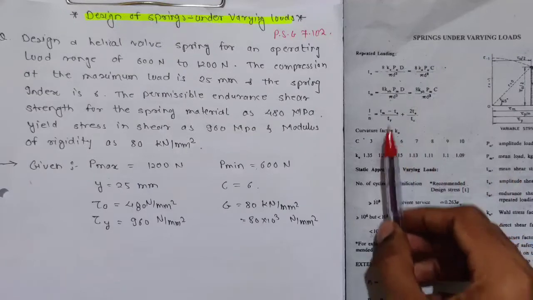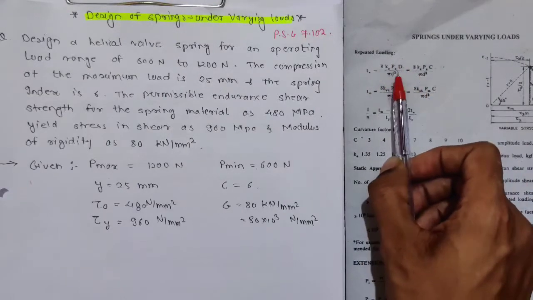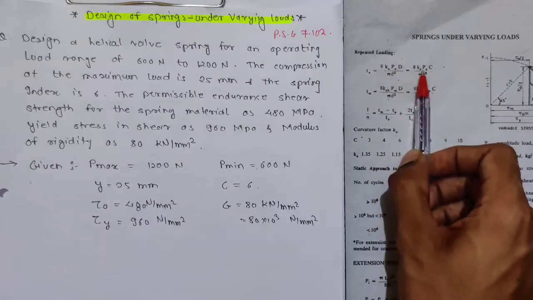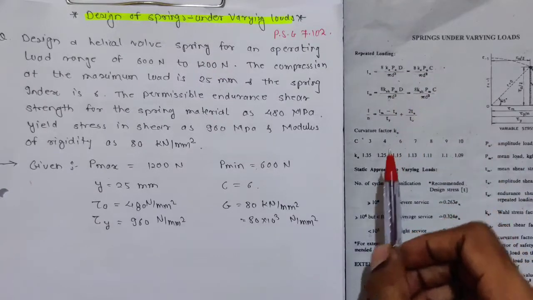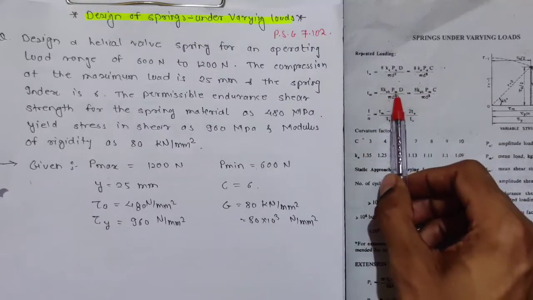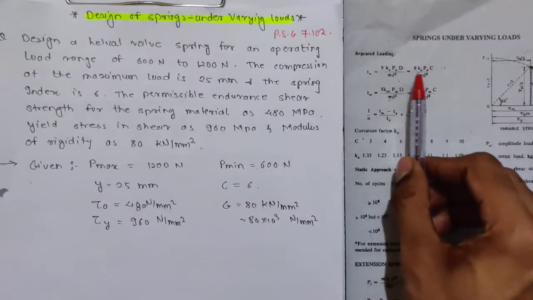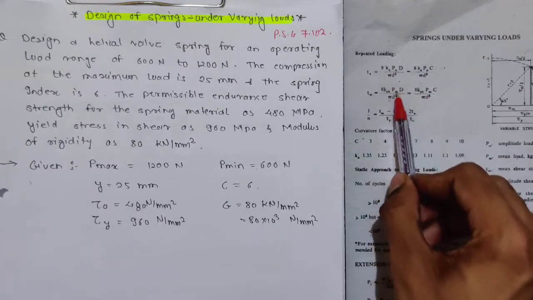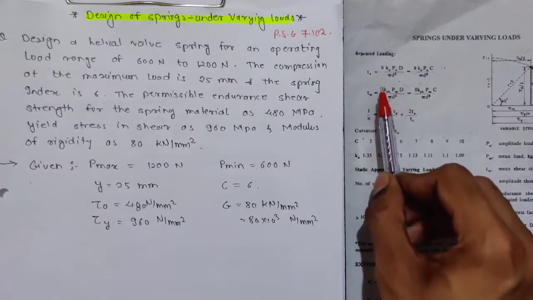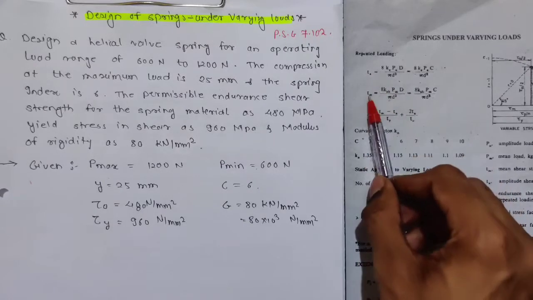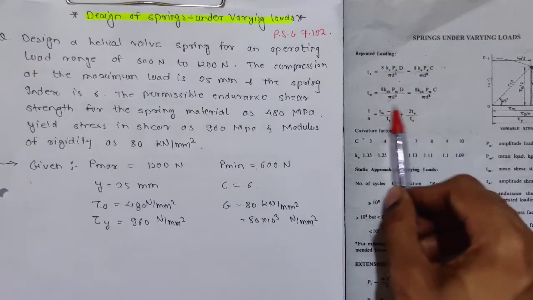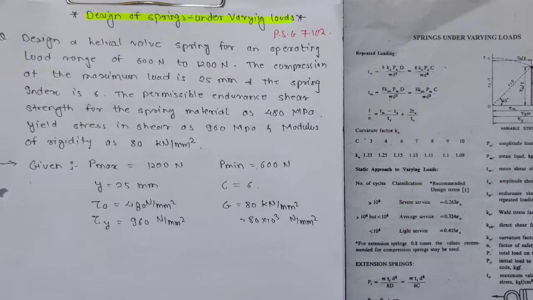Values and formulas are given, but for that we need PA and PM. PA is the amplitude load and PM is the mean load. So first we will find these two, PA and PM, then we will find tau A and tau M, and then put them over here to find the wire diameter. So the first step is to find the wire diameter.